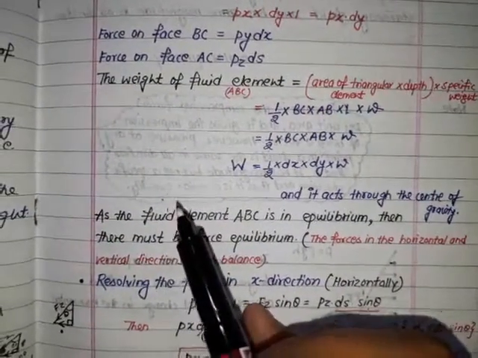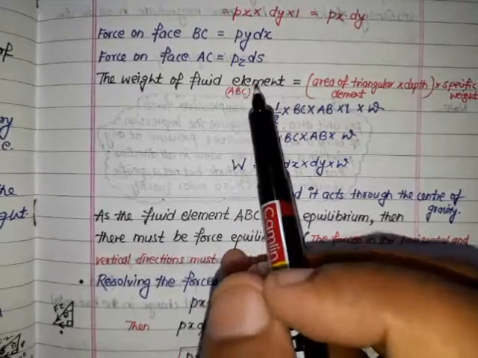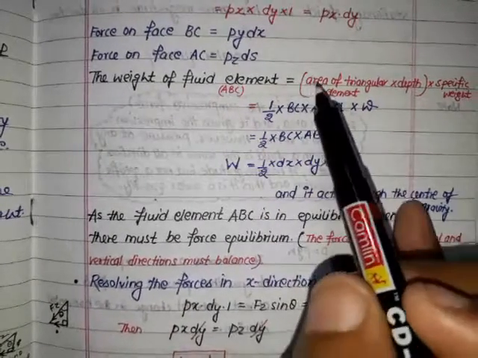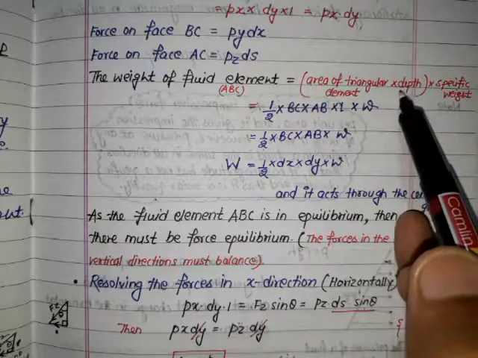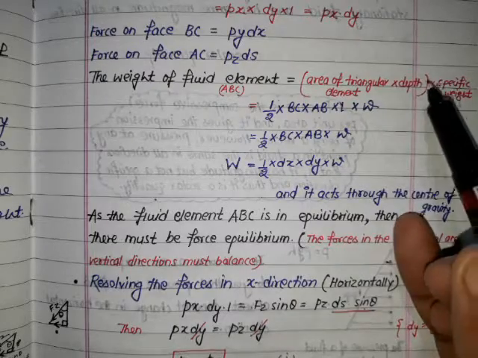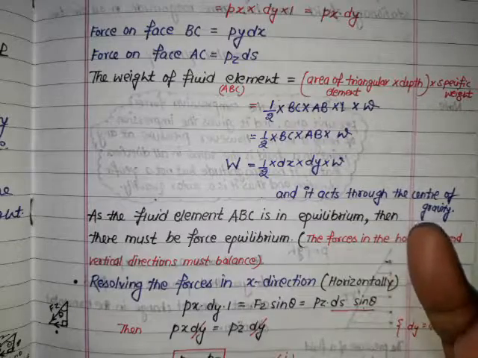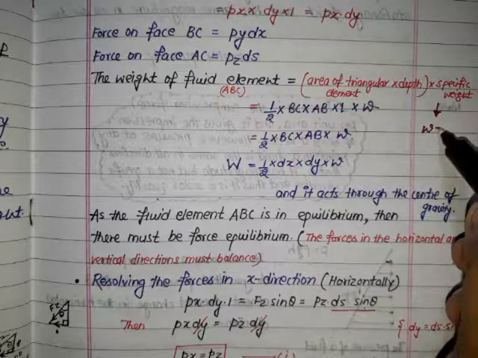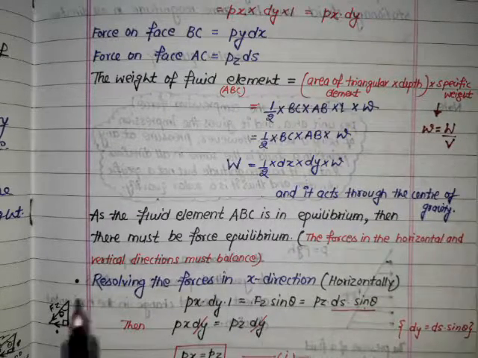Now the weight of the fluid element acting in the downward direction, the fluid element ABC, is equal to the area of the triangular element into depth into specific weight. As we know, the specific weight is equal to the weight of the fluid upon the volume of the fluid.